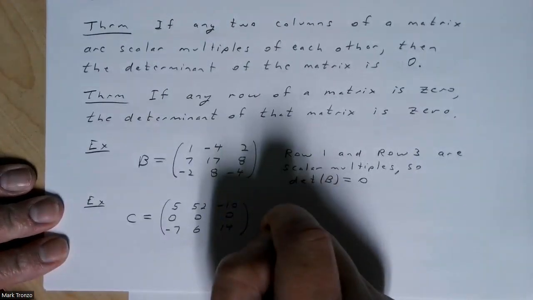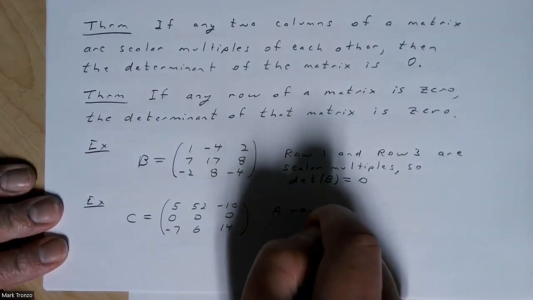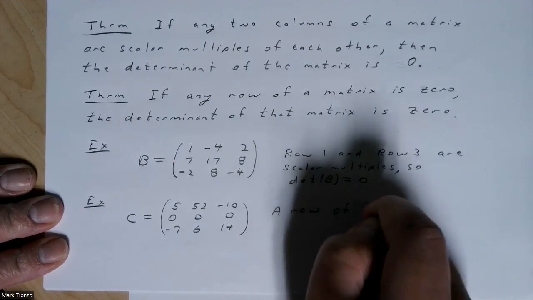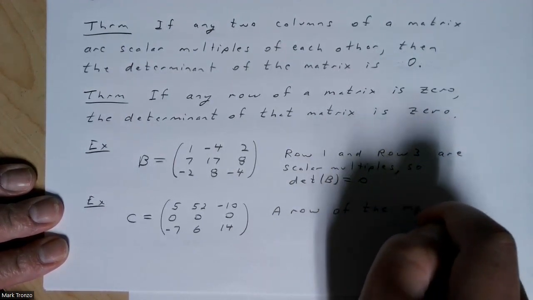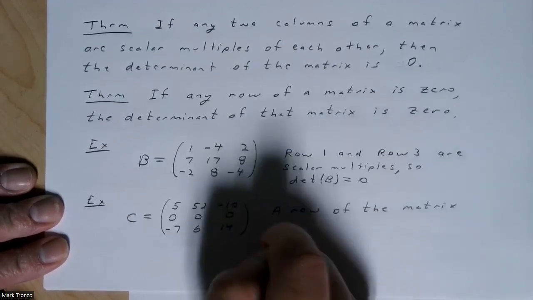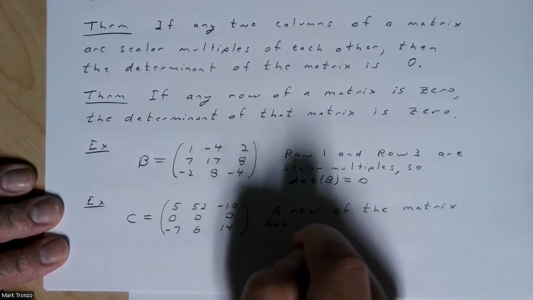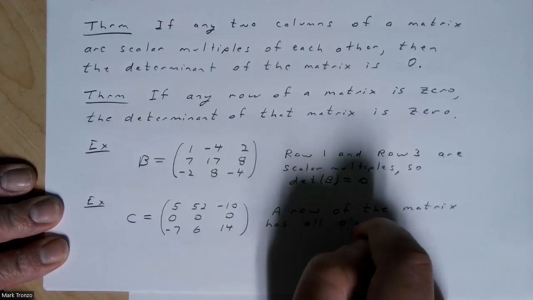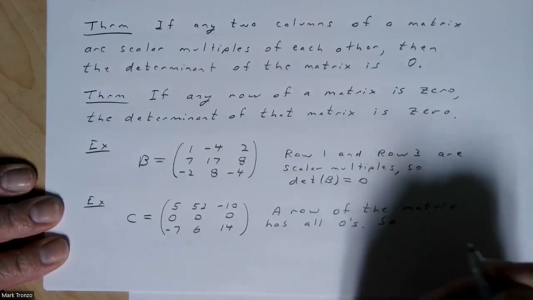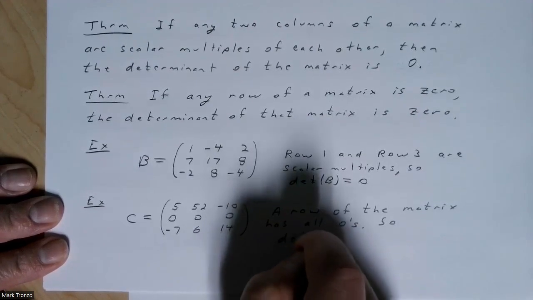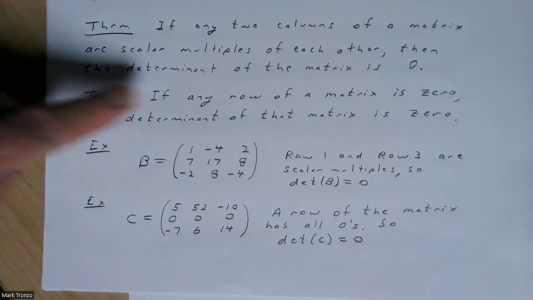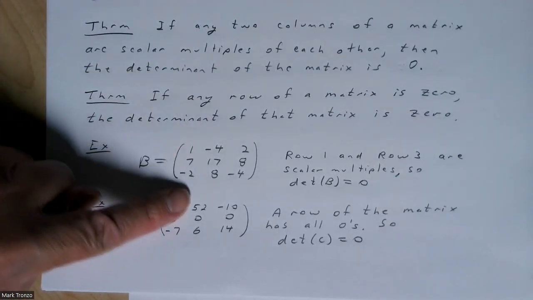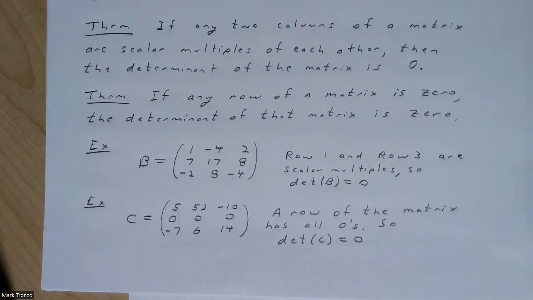And so a row of this matrix is 0, is all zeros. So the determinant of this matrix is 0. And once again, I didn't write it up here. Same thing would be true if any of the columns had all zeros. The determinant of the matrix would be 0.